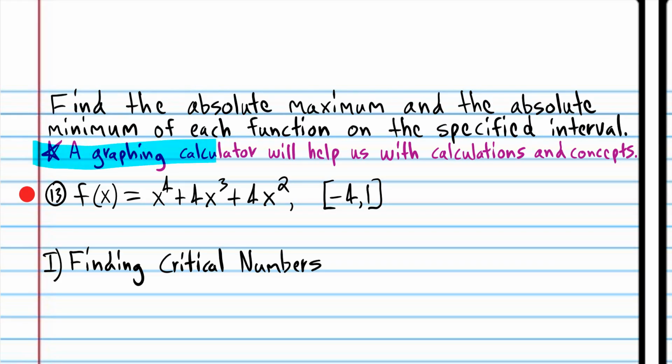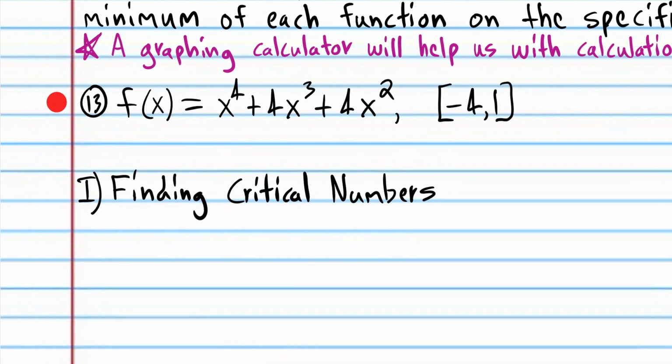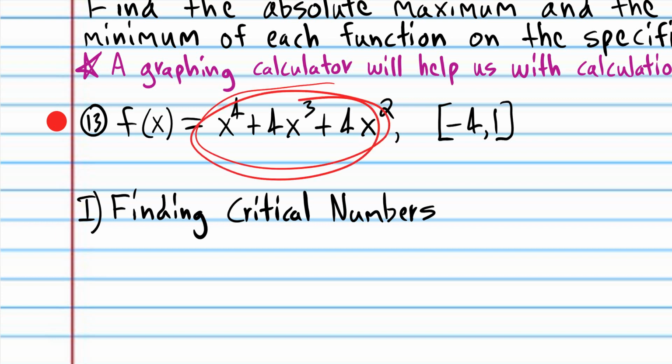And I want you to get your graphing calculator. The graphing calculators are going to help us understand the concepts that we're about to learn. And it's also going to help us to do some tedious calculations. So what this problem is asking us to do is to find the biggest y value of this function between x equals -4 and x equals 1, inclusive.